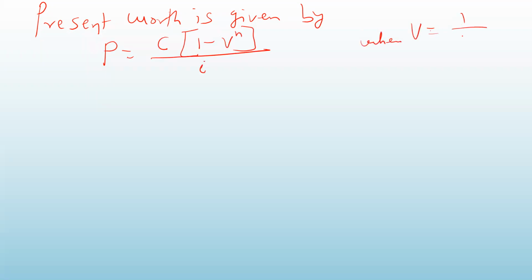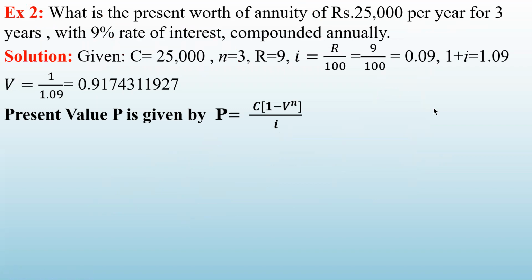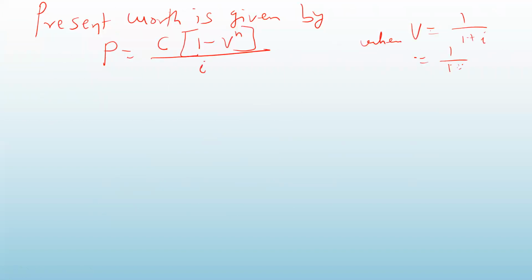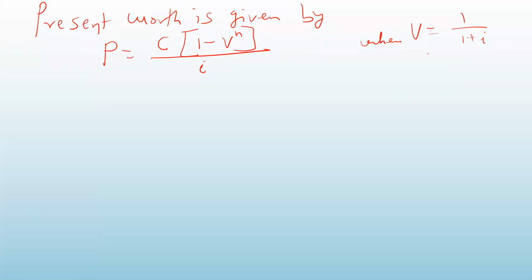V is 1 divided by 1 plus I, that is 1 divided by 1.09.